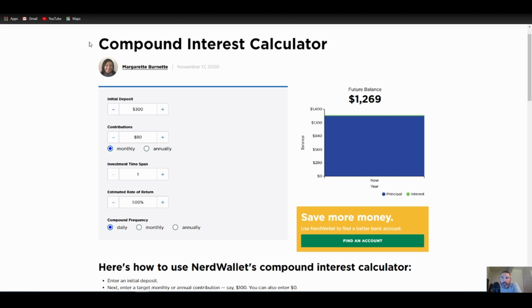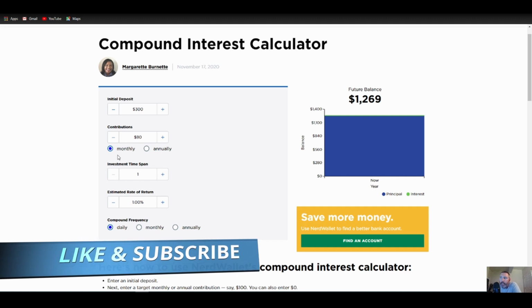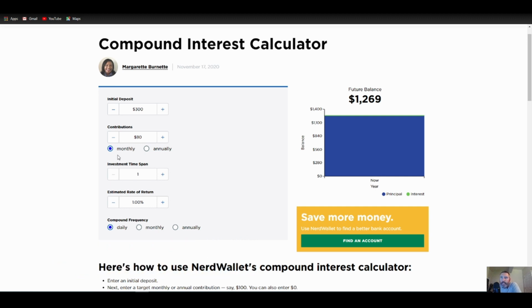So in this compound interest calculator, I have my $300 initial deposit, my $80 monthly contribution, which is $20 a week times 4 weeks, an investment time span of 1 year, and the estimated rate of return, compounded daily, is 1%.